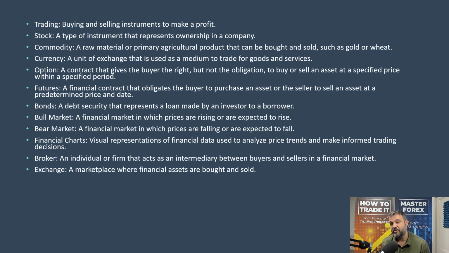Market makers make a lot of money when something goes up or down, and they're holding a lot of it. And then lastly is an exchange, where financial assets are bought and sold. It's just like the New York Stock Exchange. Coinbase is a crypto exchange. We have the Chicago Options Exchange. There are all of these different exchanges where traders go to make purchases.